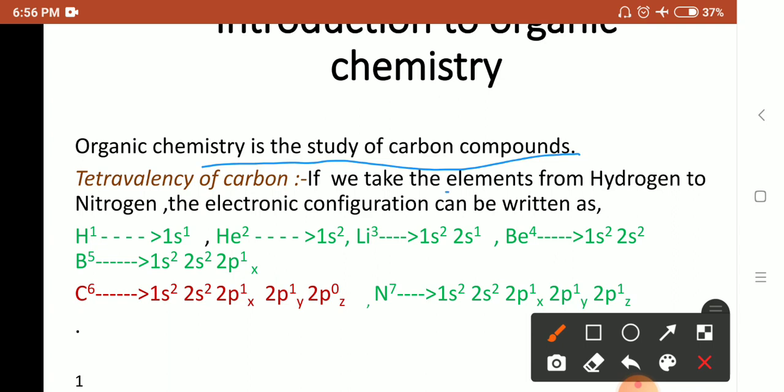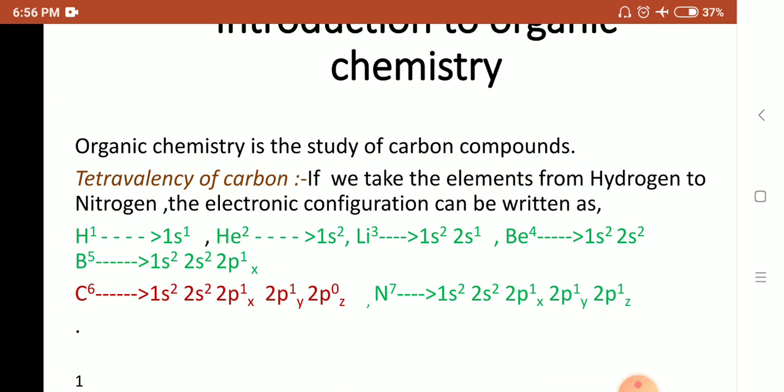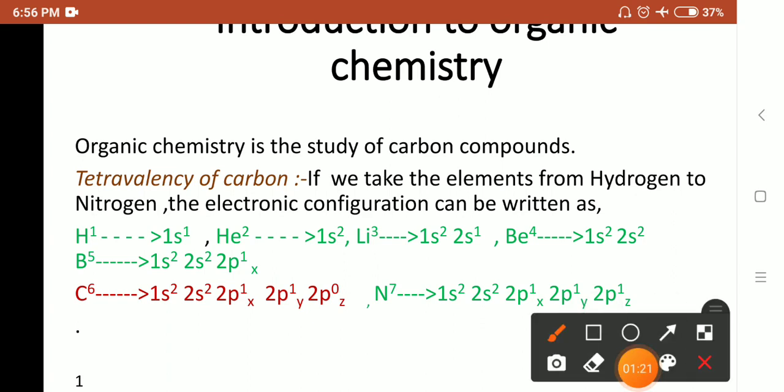If we take the elements from hydrogen to nitrogen, the electronic configuration can be written as, so you see here, hydrogen H1. The 1 indicates the number of protons or number of electrons, in general the atomic number.